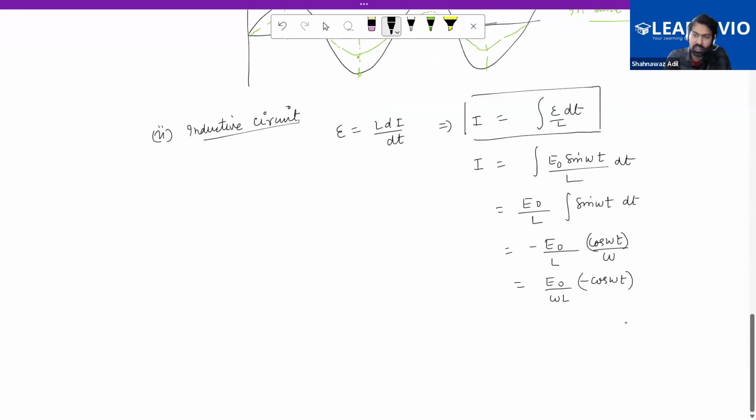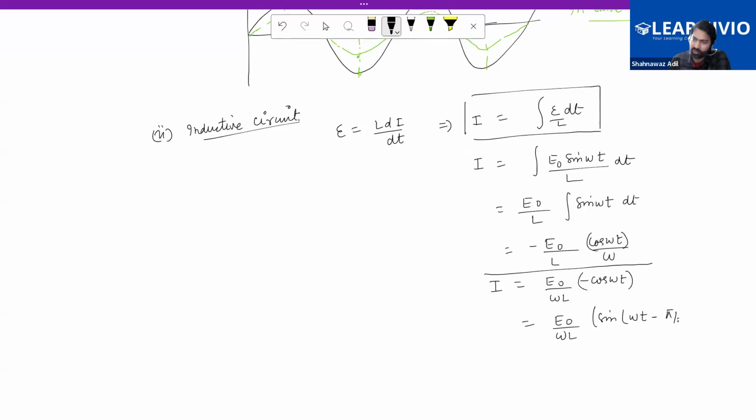You see that we can write this as sine omega t minus pi by 2. In the fourth quadrant, cos theta is negative, so we can write this as minus pi by 2, and omega L we can write as XL.